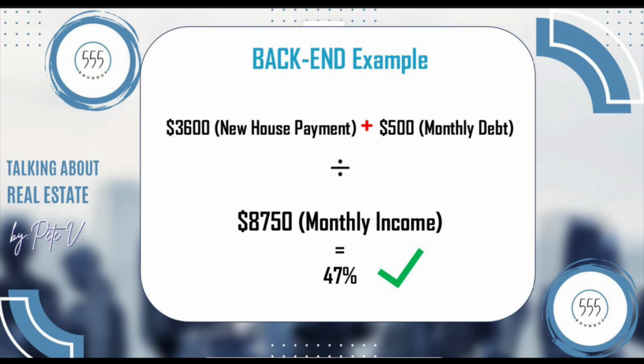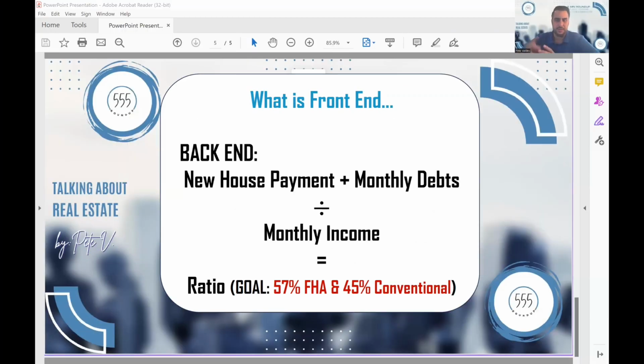So 4,100 divided by, what did I say, 8750. That gives me another ratio of roughly 46.85, right? So that's a percentile. My goal for conventional was 45, 46. I'm right there on the line. It probably would work for FHA. I'm definitely under the guideline, which is 57%.